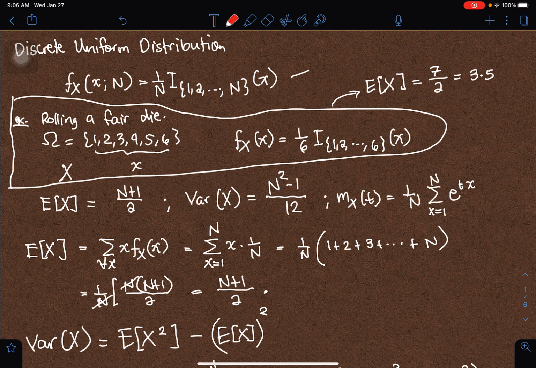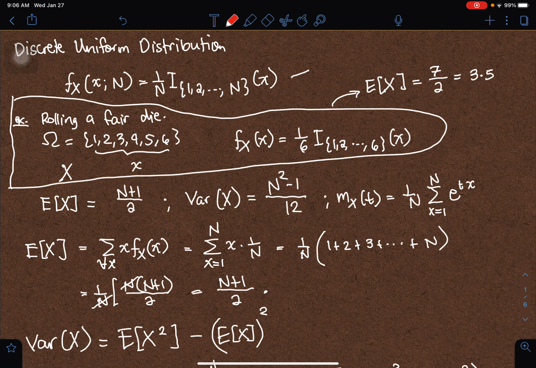So in that case, that will be 1 over n. If we have a random variable whose outcomes are those elements in the set and whose probability of each outcome is 1 over n, then that random variable follows the discrete uniform distribution.